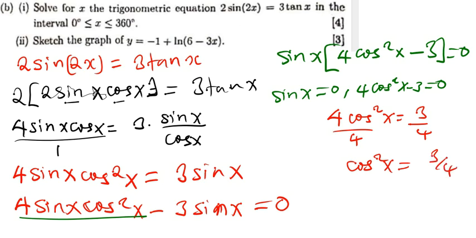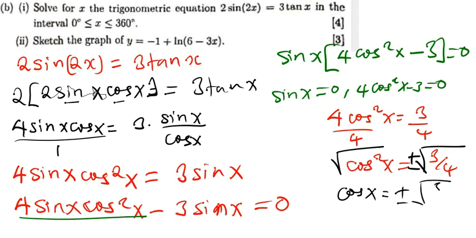Now what happens here is very simple and straightforward. I'll get the square root. If I get the square root on this side and this side, this one is going to have plus or minus. So then we have cos x is equal to plus or minus the square root of 3 over 4.